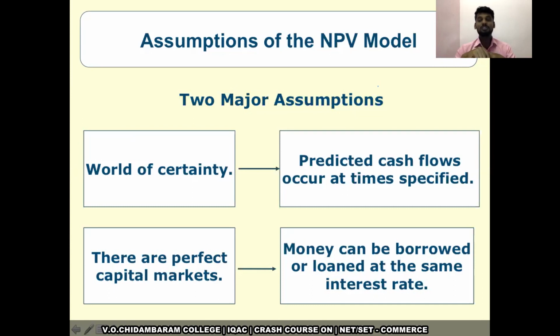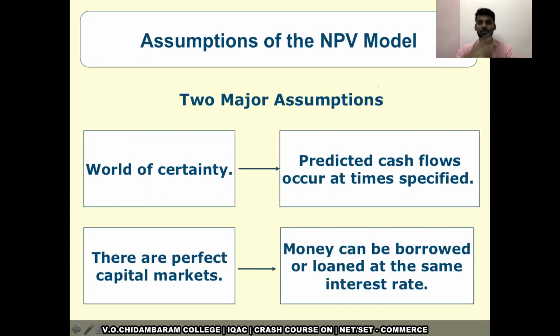And the second important assumption is that there is a perfect capital market, which means the loans we borrow or give are given at the same interest rate. It's not quite believable, but the amount that we get and we give has the same loan amount and the same interest rate, based on which the expected rate of return is calculated.